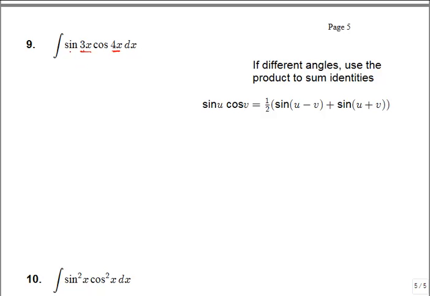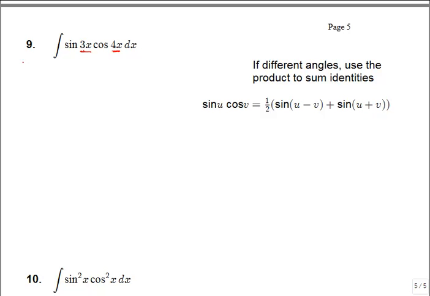Sometimes you might see a sine of u, sine of v, or a cosine u, cosine of v, and there's equivalent formulas for those that you can look up in your book in the back or the front cover. So this one has the form of sine of u times cosine of v. So the product to sum identity that applies for that case is 1/2 sine of the u minus v plus sine of the u plus v.